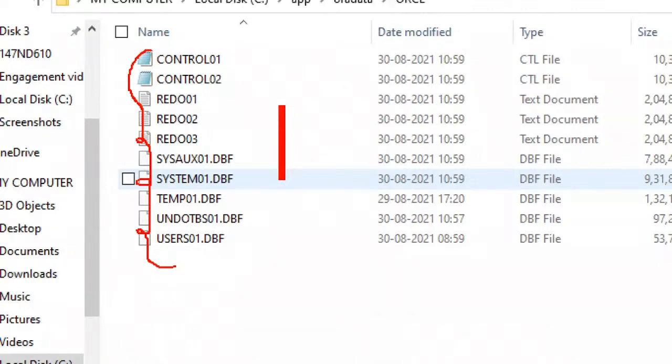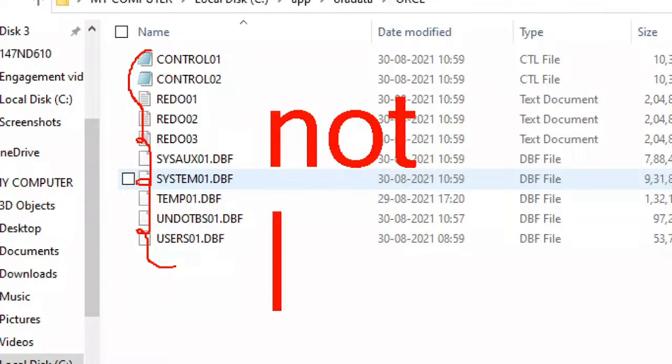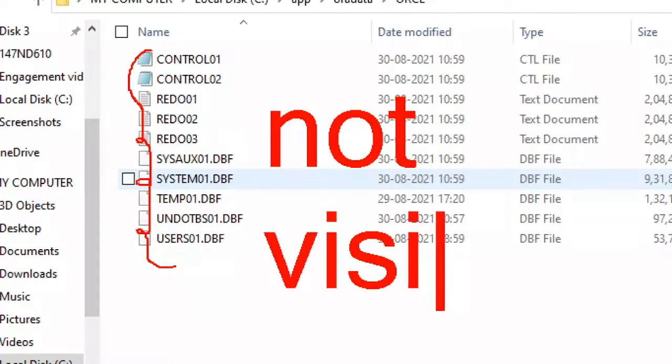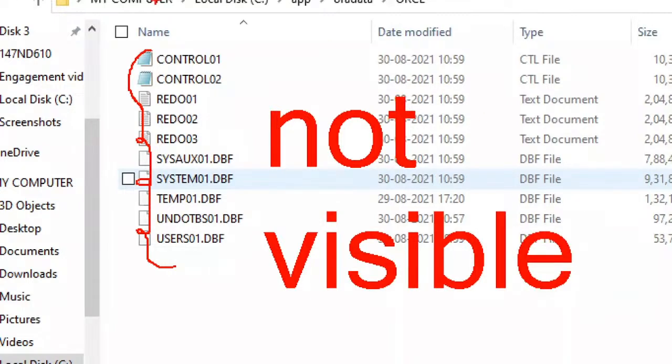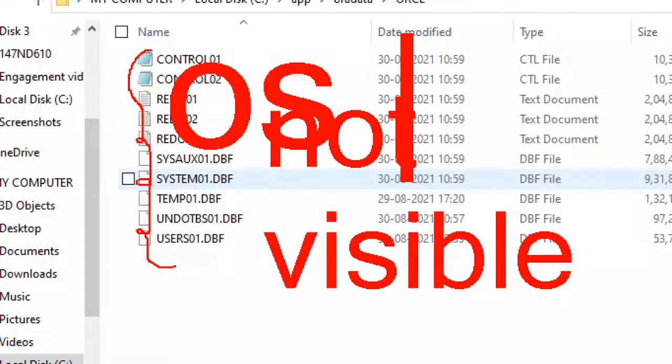But unfortunately, Z is a table I gave, and is that table visible in the operating system or not? Very good, not visible. You are observing. This is not visible. Very important: tables are not visible in the C drive, D drive.